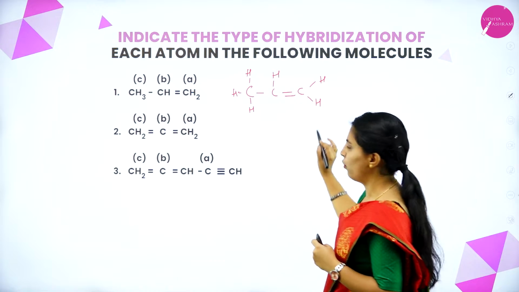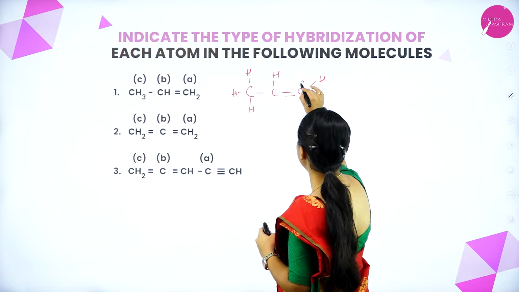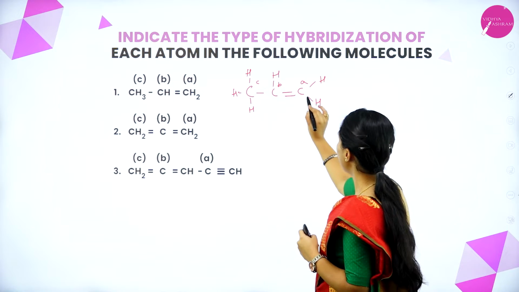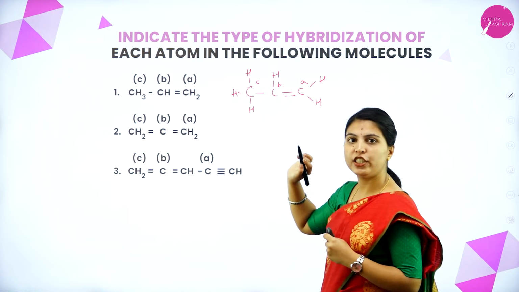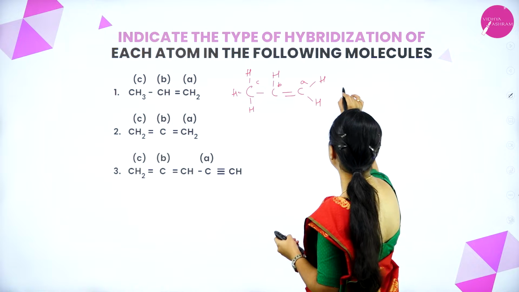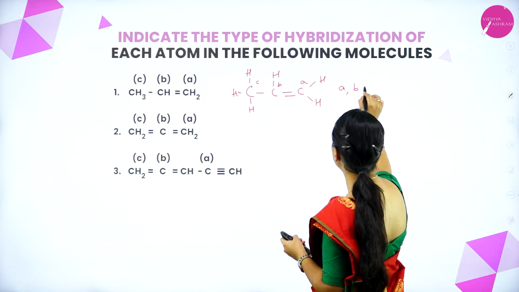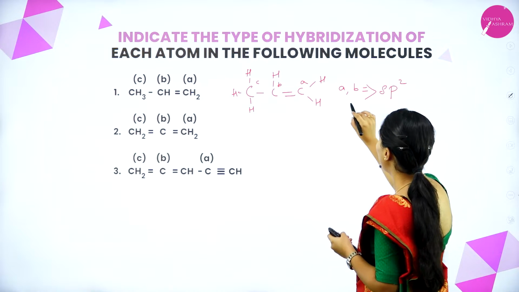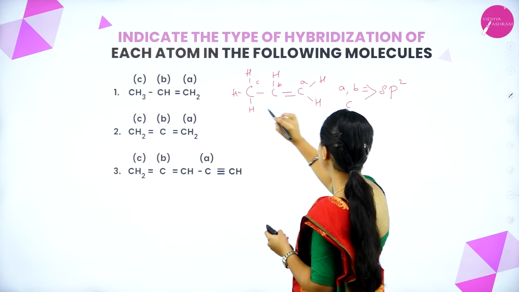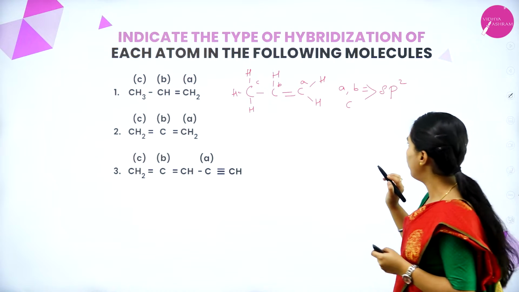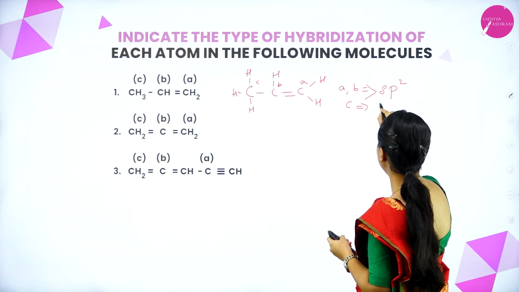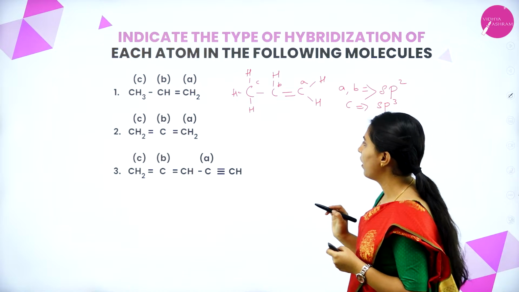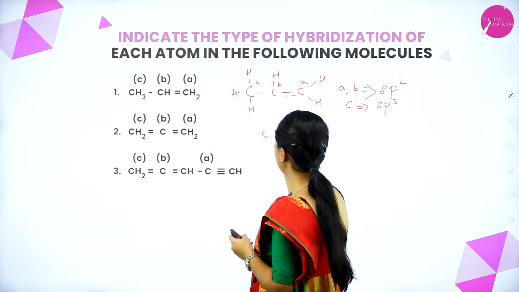This is the overall structure, and this is A, this is B, and this is C. See here, from the A side and C side, it is forming a double bond. That's why A and B will be sp2. Only C has all single bonds, that's why it will form sp3. Correct?